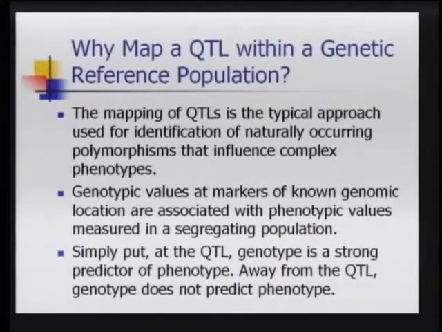And so what you can do is at these QTLs, or markers of known genetic location, you can actually look at the statistical values of, say, having pediatric TM at that particular place in a segregating population. And simply put, at the QTL, the genetic location is very predictive of you, say, having pediatric TM, okay? Away from that place in the genome, the genotype is not predictive of you having, say, pediatric TM.